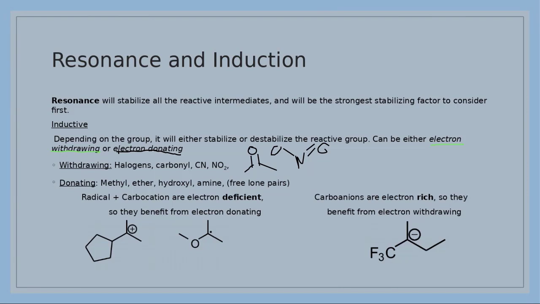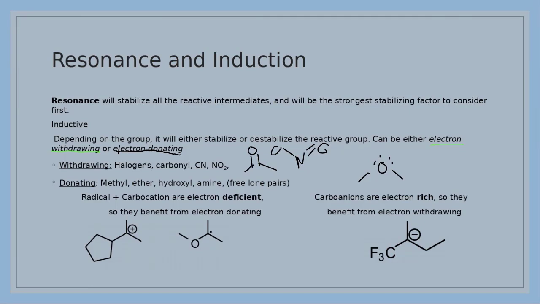With donating groups, however, these have electron pairs or free lone pairs that they can donate, or they themselves are donating groups. So we know methyl groups, ethers look like this, guys. Ethers, hydroxyl, amine. These all have free lone pairs to donate.